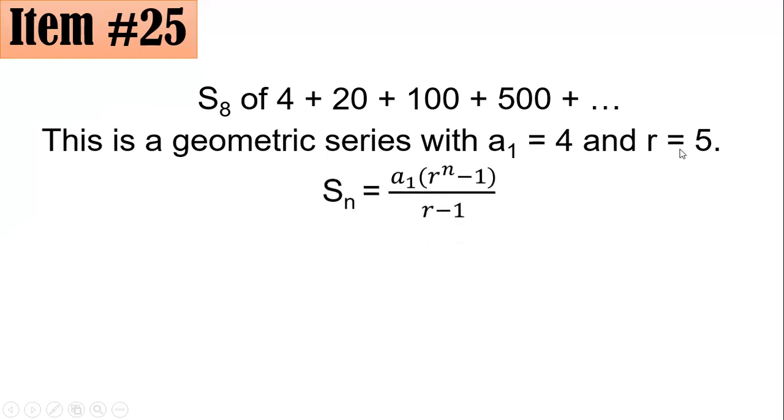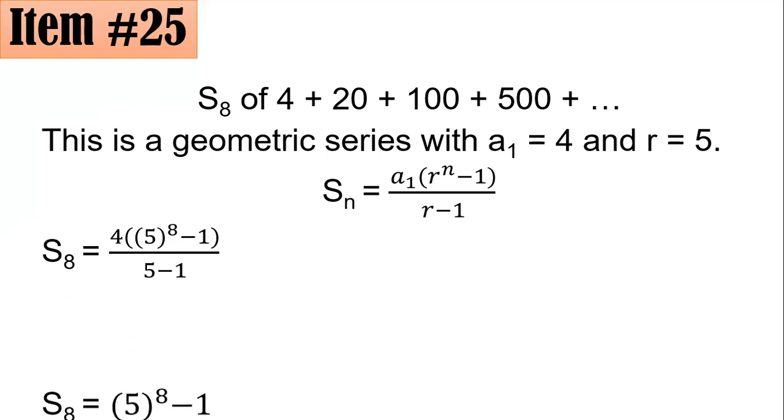The formula for the sum of a geometric series is S_n = a_1(r^n - 1)/(r - 1), where the common ratio should not be equal to 1. Our n here will be 8. By substitution, we have S_8 = 4 times the quantity 5^(8 - 1) all over 5 - 1.